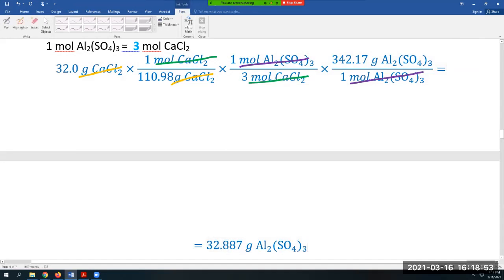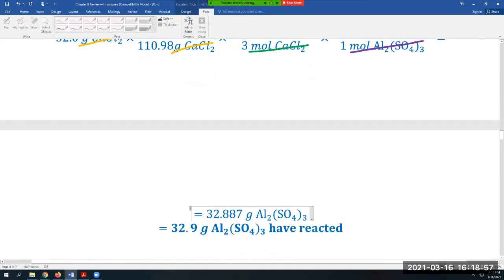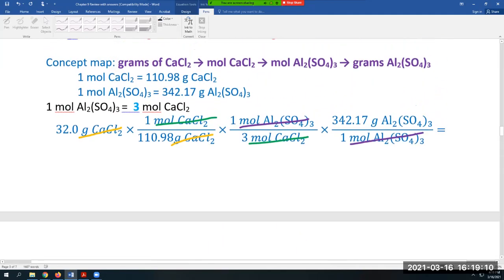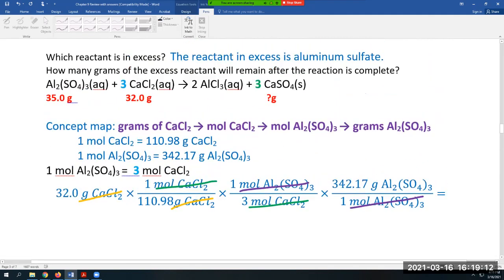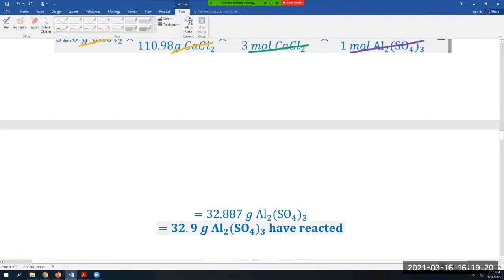So that's going to be rounded to 32.9 grams of aluminum sulfate. And that's what has reacted. Remember that we were calculating the mass of reactant that reacted with those 32 grams of calcium chloride. So of course it's less than the initial amount of aluminum sulfate, because this is the reactant in excess.